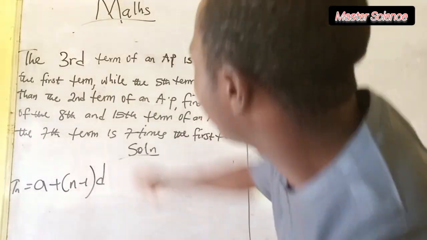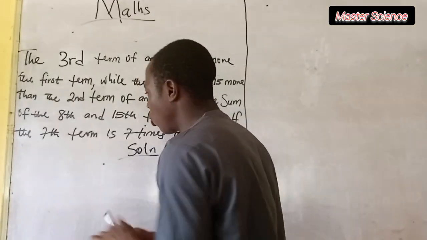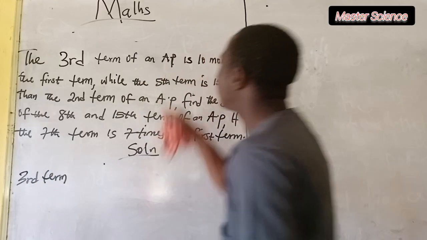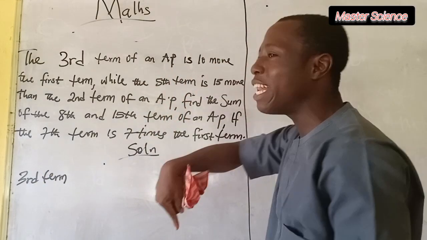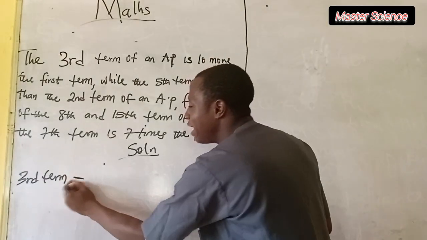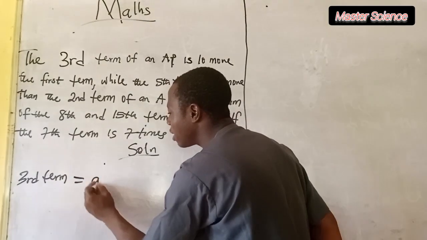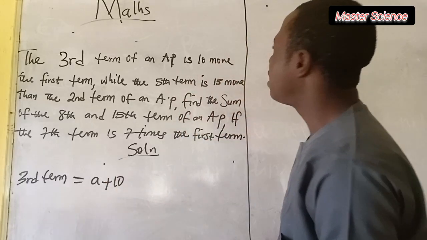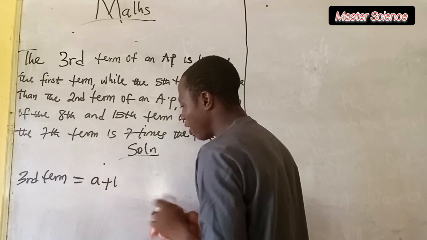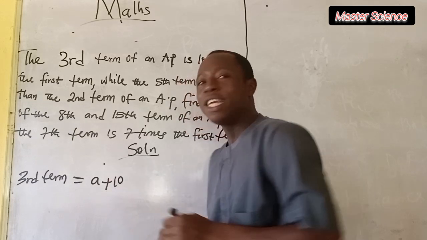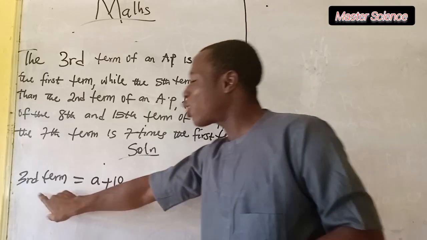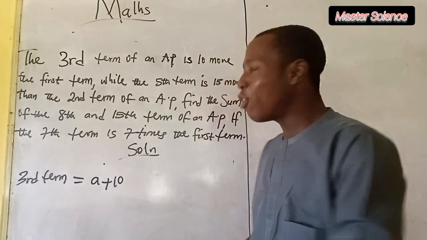The question says that the third term of an AP is 10 more than the first term. What they mean is that the third term is 10 more than the first term.